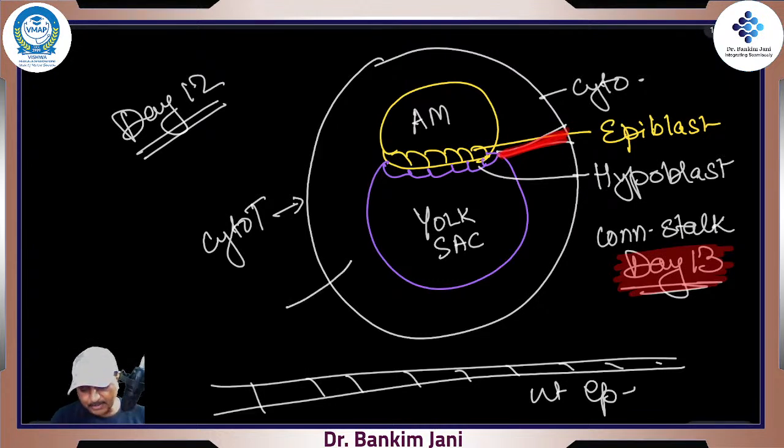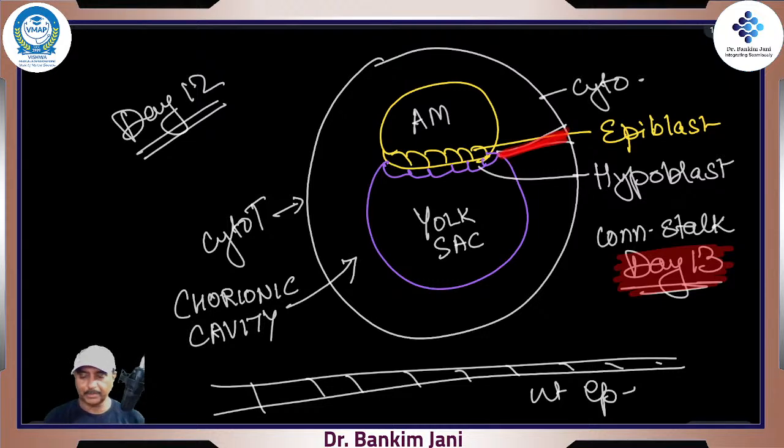Meantime, this portion which is outside is the chorionic cavity. Properly oriented, right? This is how the embedded unit was getting embedded, the whole unit when it is inside. Formation of the connecting stalk, the chorionic cavity, yolk sac, and the amniotic cavity.